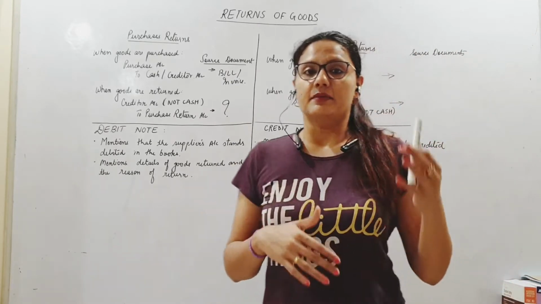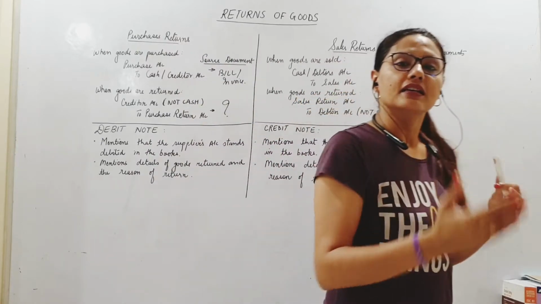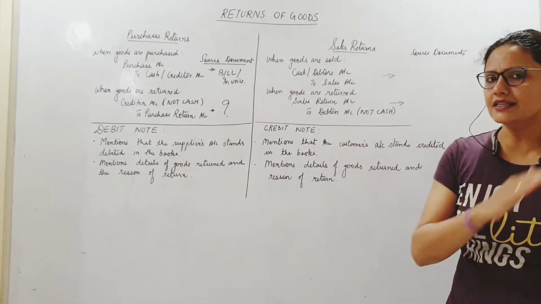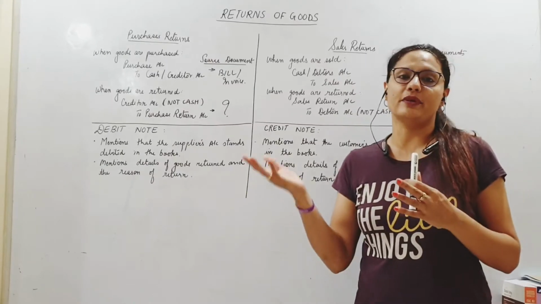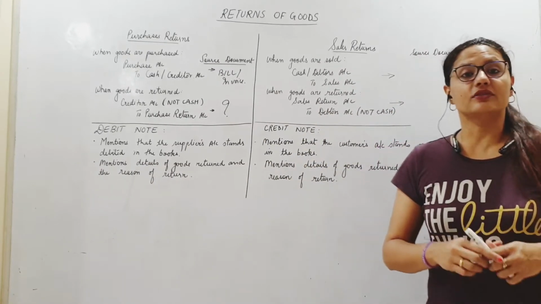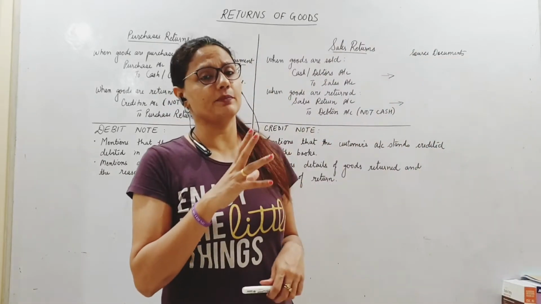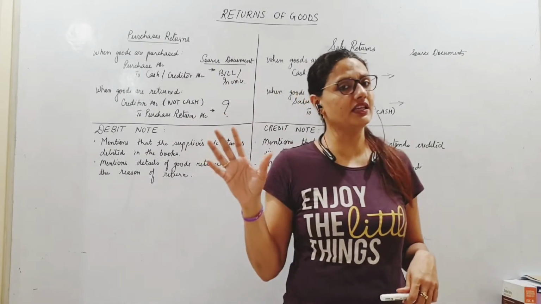When I purchase, it's an increase in my expense, so I debit purchase. When I return those goods, it's a decrease in my expense, and all decreases in expenses should be credited. We credit that to purchase return account so that we have a clear picture at the end of the year how much goods have we purchased and out of that how much have we returned.